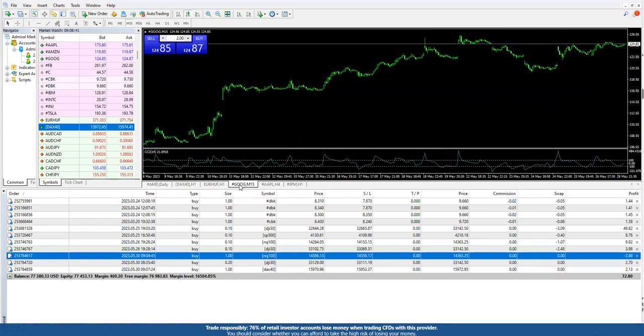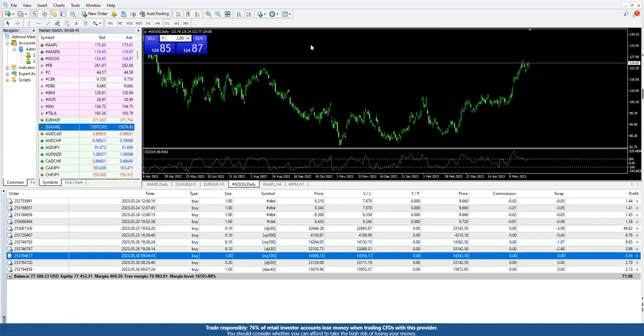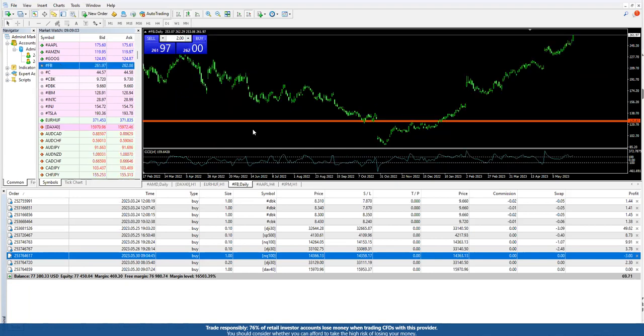Let's check Google. Absolutely bullish trend on the daily chart. We are approaching this support zone, and we will see what will happen today. Double top and correction, or breakout? I have got one idea, but we will see.